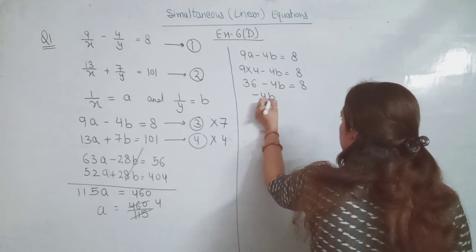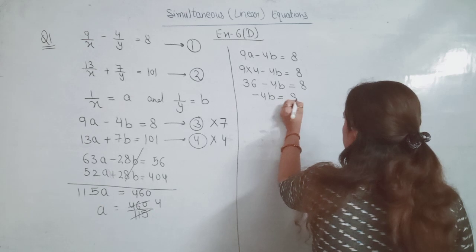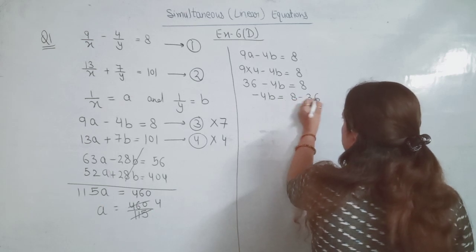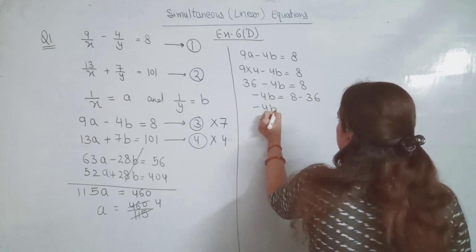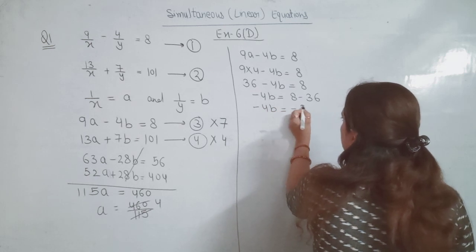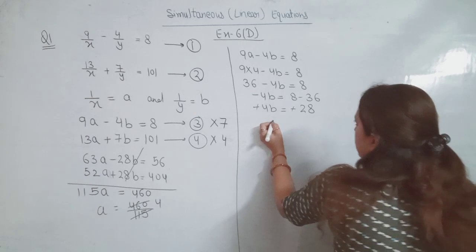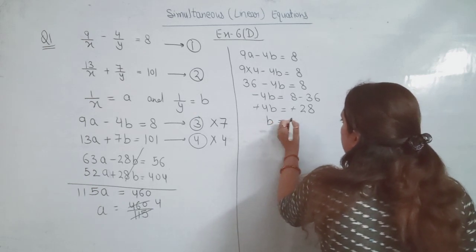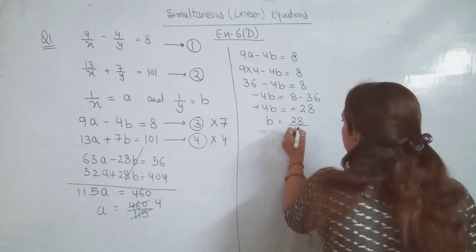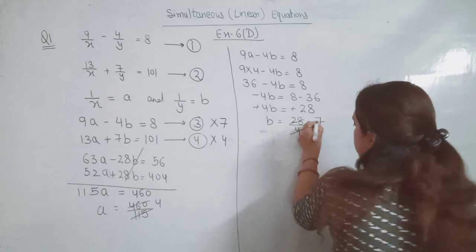Minus 4b is equal to 8 minus 36. Minus 4b is equal to minus 28. Minus minus cancelled. b is equal to 28 by 4. So the value of b is 7.